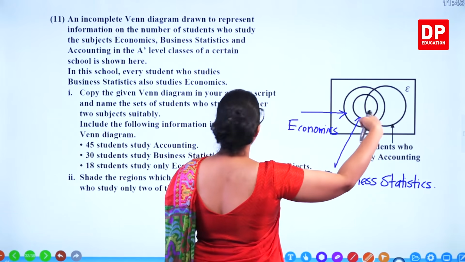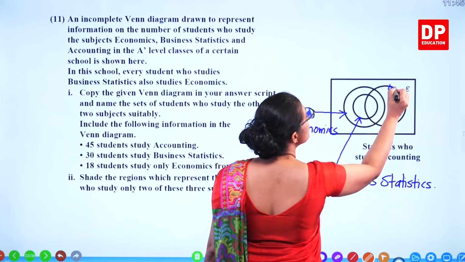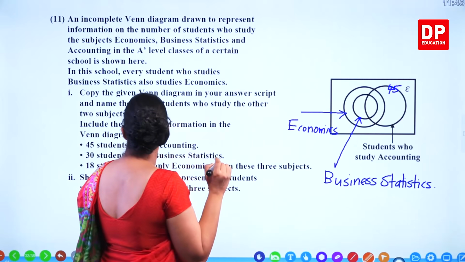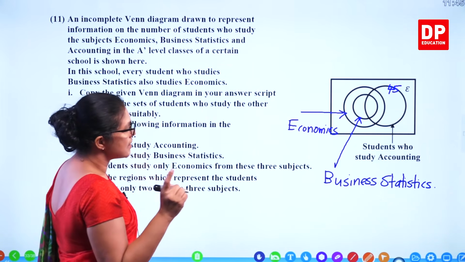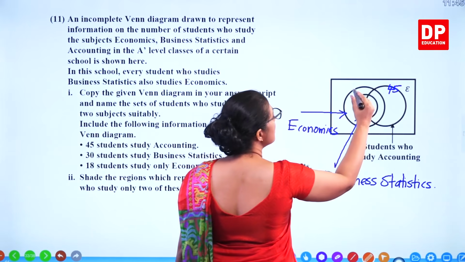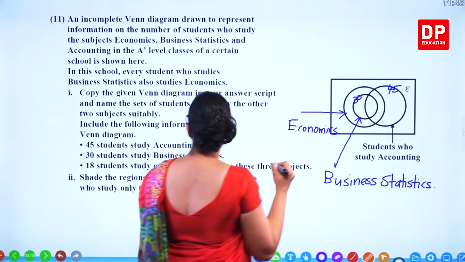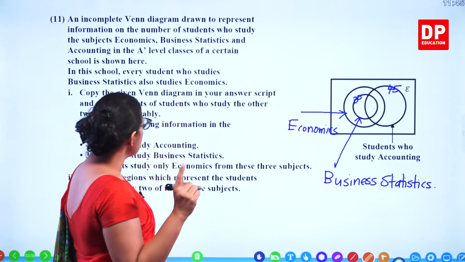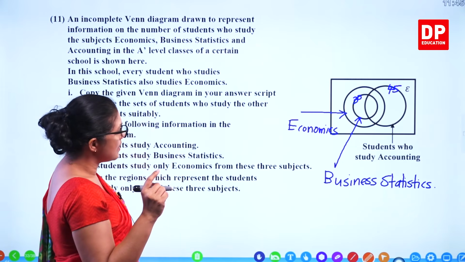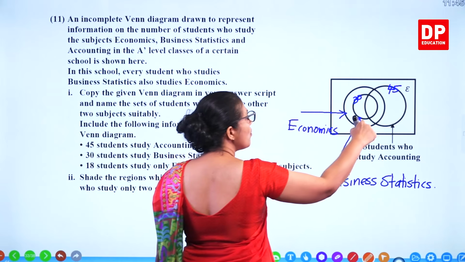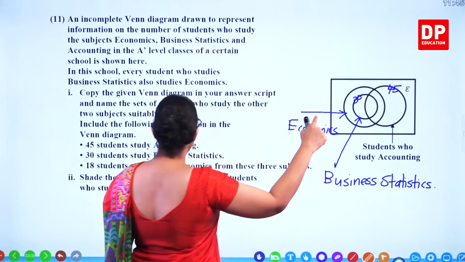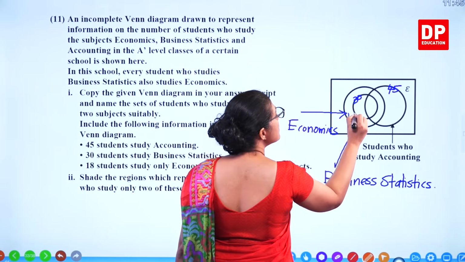So 45, you have to put it here. 30 students study business statistics. So this circle is 30. 18 students study only economics from these 3 subjects. Only this part. So what's the number? 18.